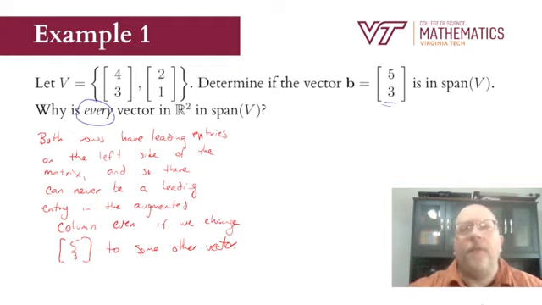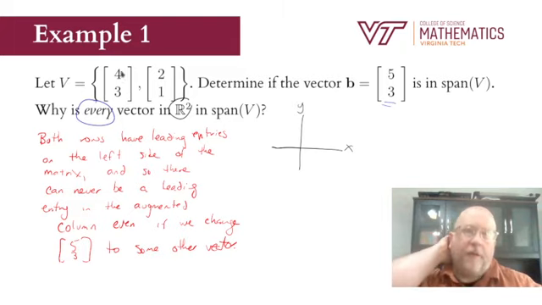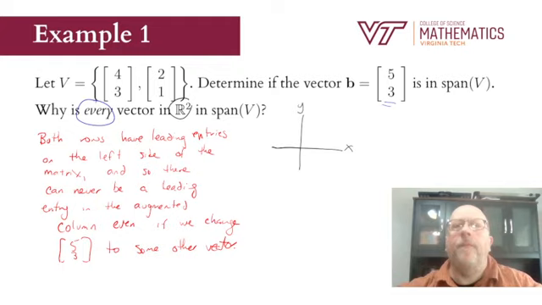Now, geometrically, that shouldn't be too surprising because we're only in R2. So we only have an x coordinate and y coordinate in our system. And if I look at these two vectors, 4, 3, and 2, 1, those point in slightly different directions.